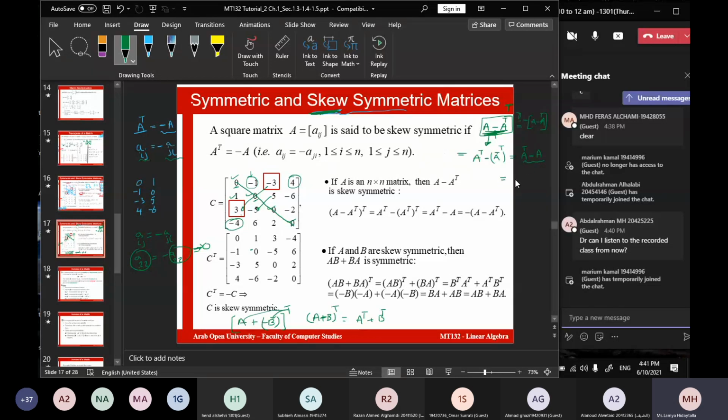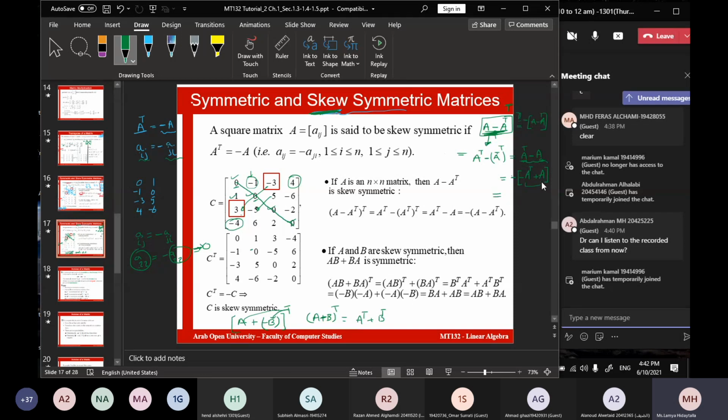So this is equal to minus times what? Minus A transpose plus A, correct? When you distribute the minus you will find yourself with minus A transpose, which is A transpose minus A. Okay, so this is equal to what?